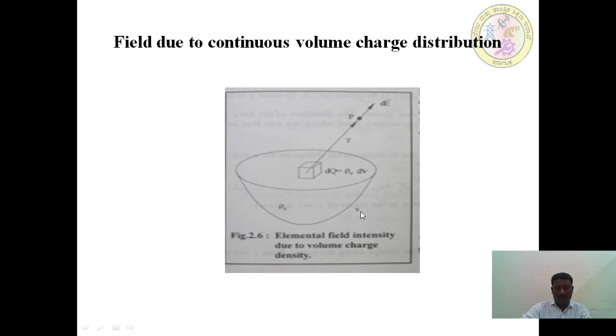Taking a volume of the charge V here, V is the total volume of the charge and rho v is the volume charge density value.